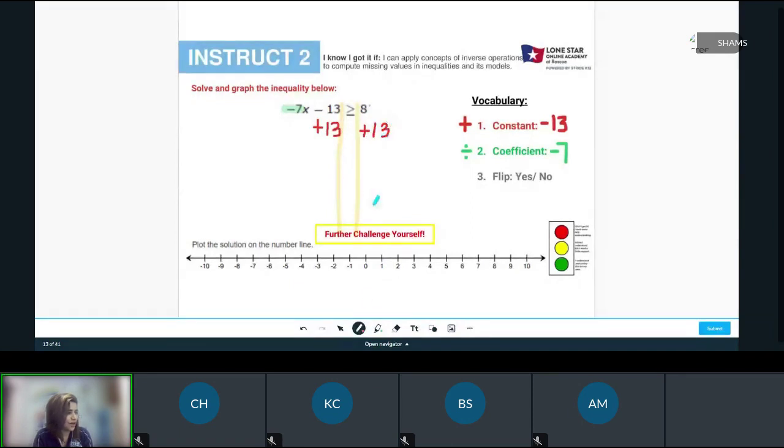Then I'm going to see how the inequality looks after adding 13 to both sides. A minus 13 and plus 13 cancel each other off. We still have negative 7x greater than or equal to, figure it out. Right, Lily?